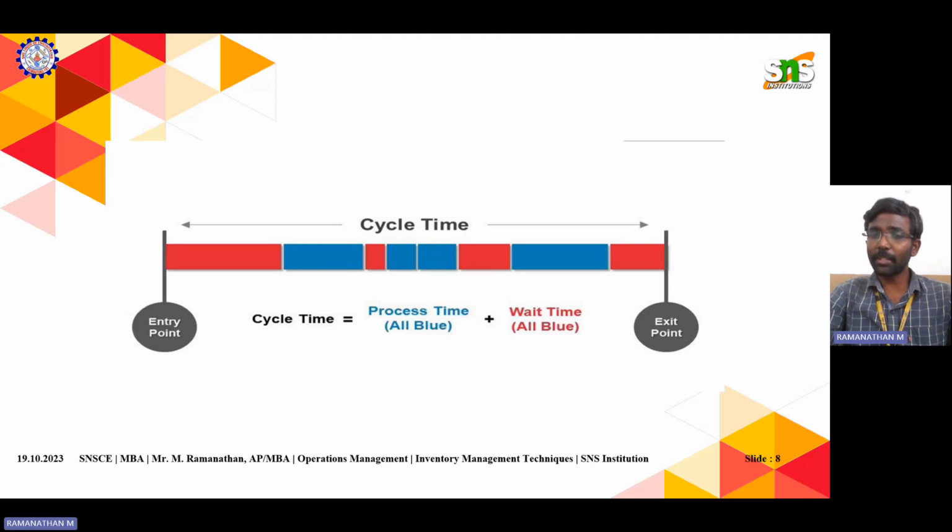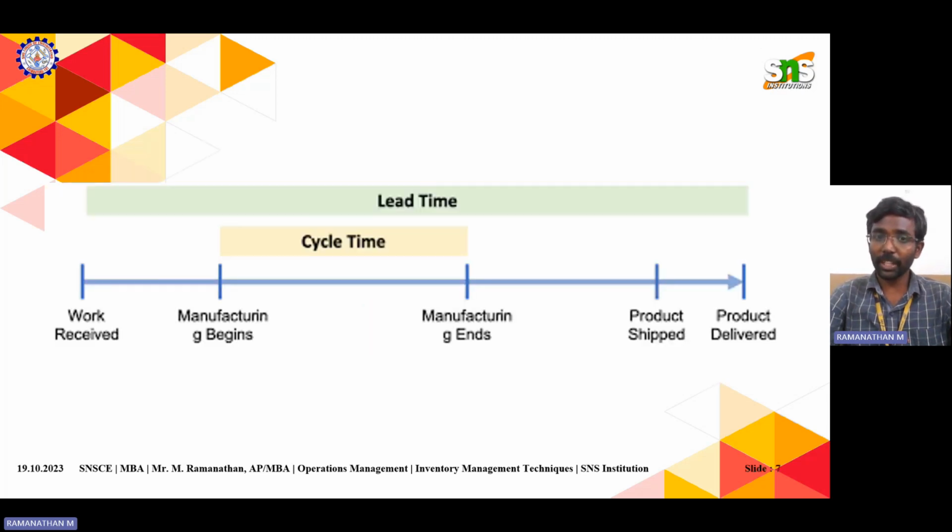In lead time, there is the work received, the raw material being held, then after some time the manufacturing begins and ends, then shipment of the finished goods, and it reaches the end customer as product delivery. The entire process time we call lead time. The manufacturing beginning and ending we call cycle time.